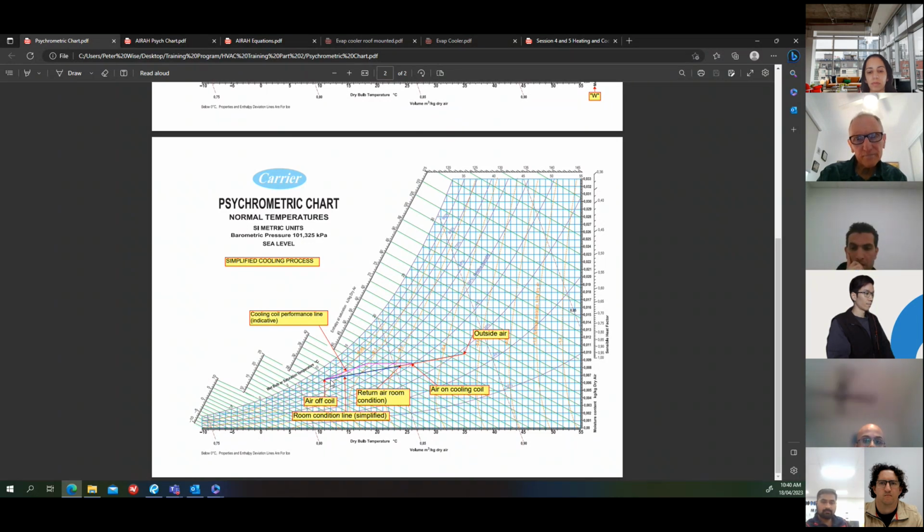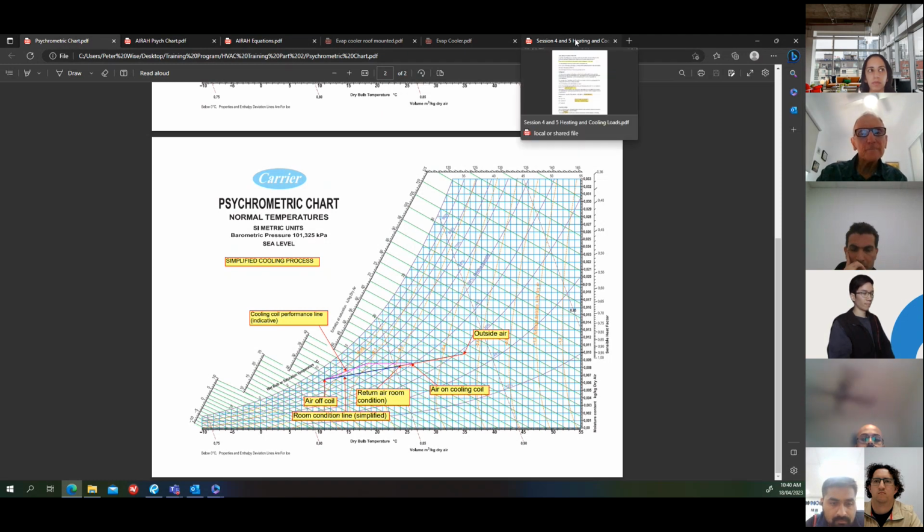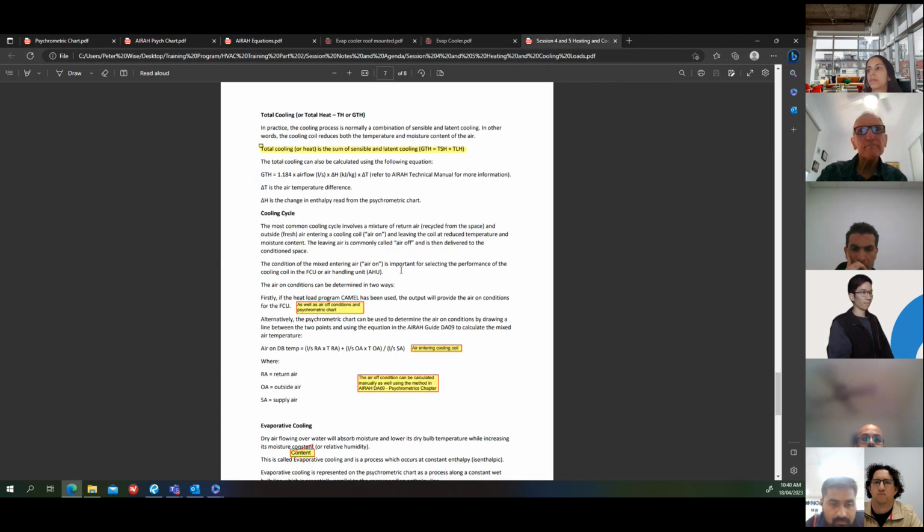So you need to take that into account. But once you've determined the actual air off condition, this is why I've tried to simplify it, you can calculate the airflow required to achieve those conditions from the room sensible heat, and using the sensible heat factor. So I don't know whether that's confused it further, but that's how it works.